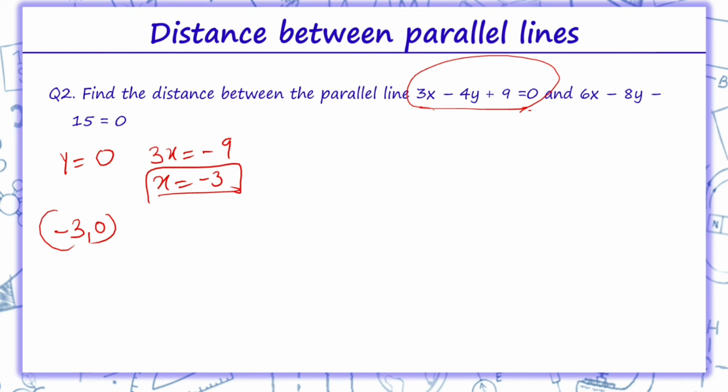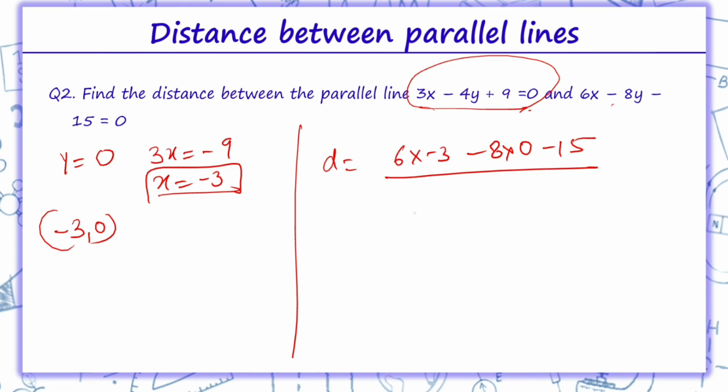So the length of distance between these two lines, d, will be: from the second equation, 6 into minus 3 minus 8 into 0 minus 15, divided by the square root of 6 square plus minus 8 square.